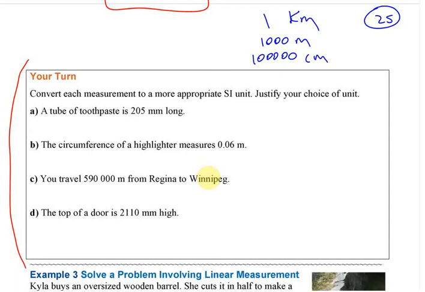I'd like you to have a look at both ways, using unit analysis and just by intuitively converting it. Somehow justify what unit you choose. It doesn't tell you what to convert it to, but you can change it to some unit and write a really quick explanation for why you chose that.